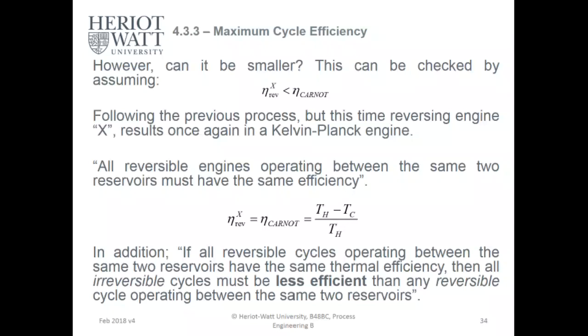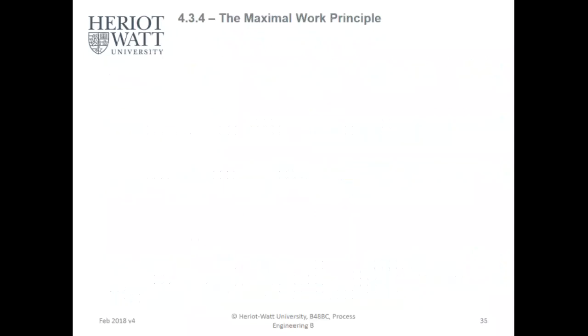In addition, if the reversible cycles operating between the same two reservoirs have the same thermal efficiency, then all irreversible cycles must be less efficient than any reversible cycle operating between the same two reservoirs. So less efficient than the reversible.